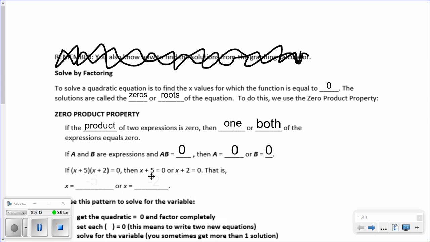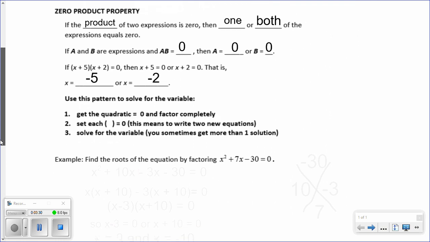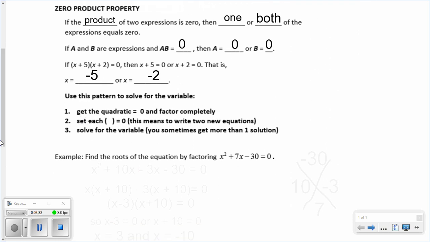Okay? So this first one, I subtract 5 from both sides, I get x equals negative 5. Here I subtract 2 from each side, I get x equals negative 2. So either of these would work in making that expression true. That's why they are both solutions. Okay? We're going to use this pattern, the zero product property, basically, to solve for the variable in a quadratic.